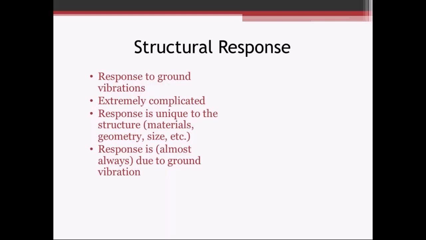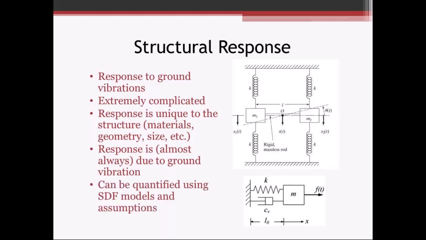Based on geometry also, round structures are going to respond differently than square structures. A long structure like a warehouse slab may react differently depending on where the vibration source is coming from, because it's longer in one direction than in another. But again, that response is due to the ground vibration.